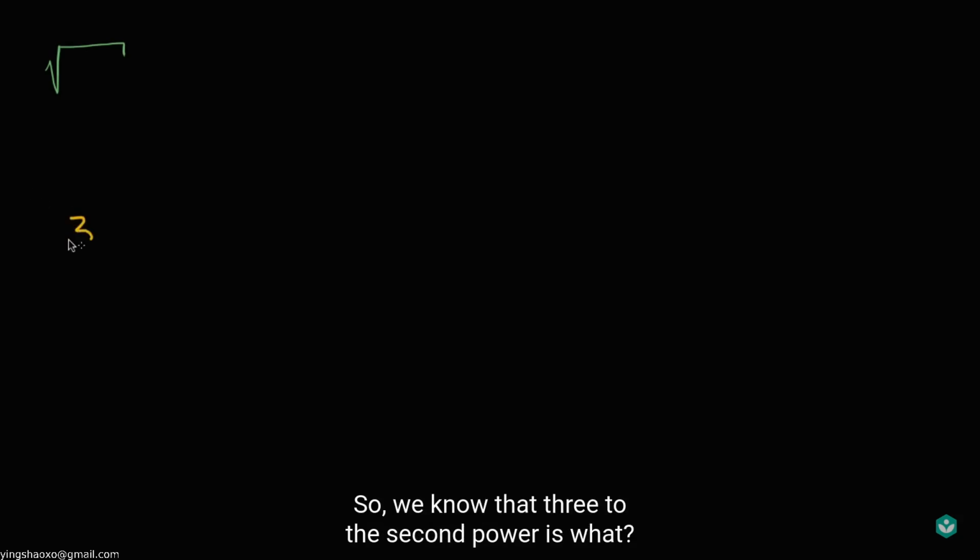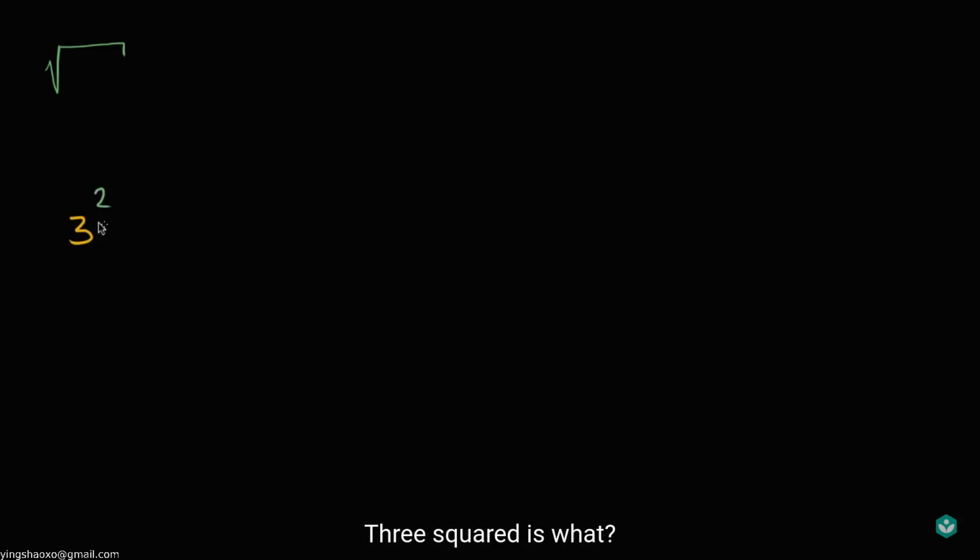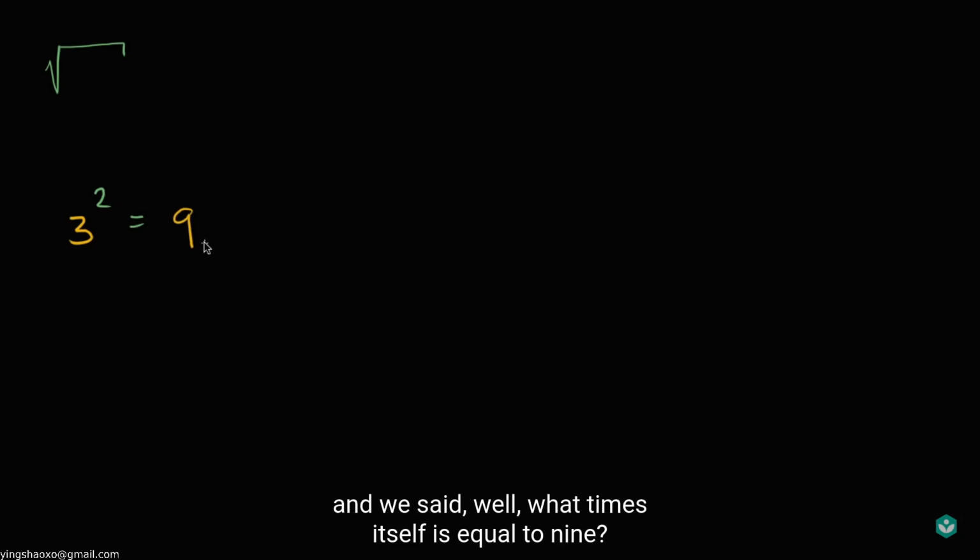So let's start with an example. So we know that 3 to the 2nd power is what? 3 squared is what? Well, that's the same thing as 3 times 3. That's going to be equal to 9. But what if we went the other way around? What if we started with a 9 and we said, well, what times itself is equal to 9? We already know that answer is 3, but how could we use a symbol that tells us that?